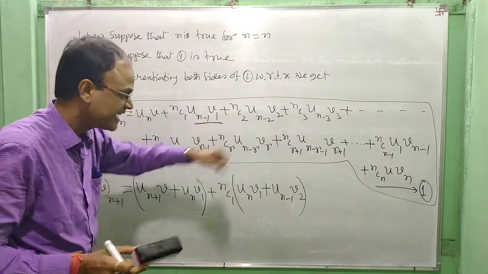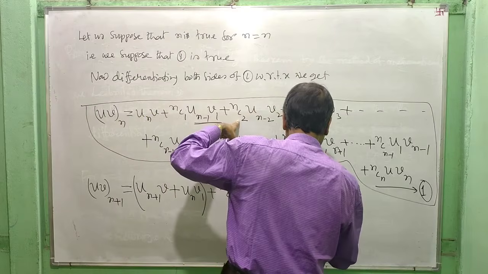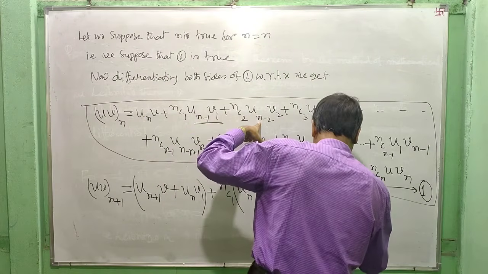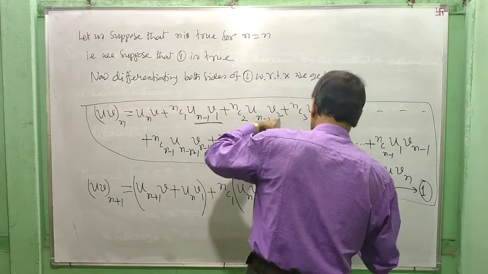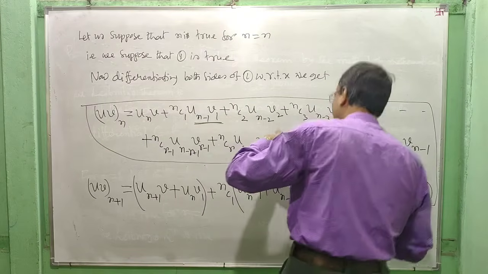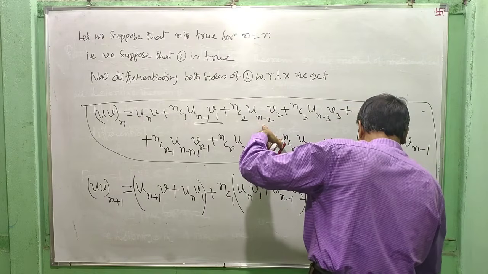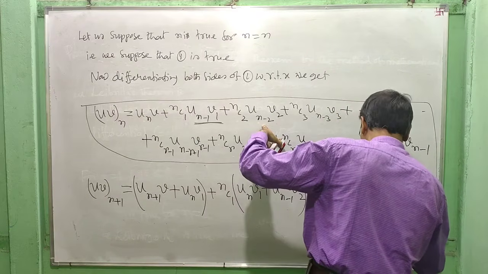Right? Next, nC2, differentiate this: u^(n-1) v2 plus nC2 u^(n-2) v3.